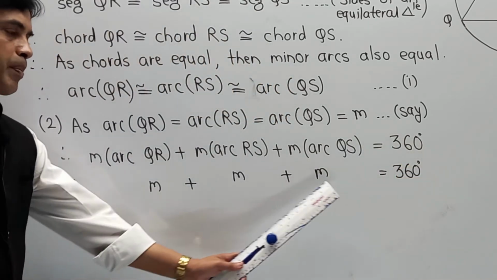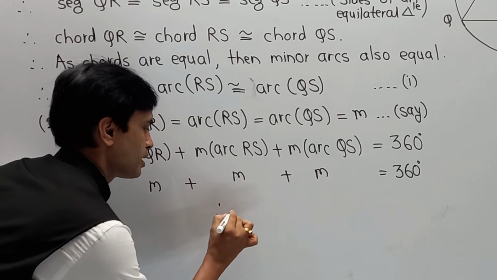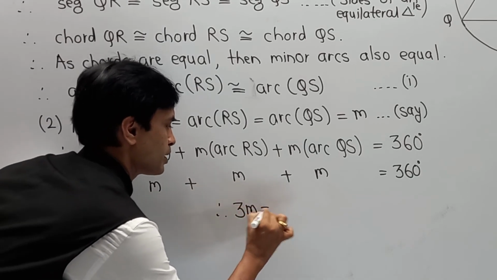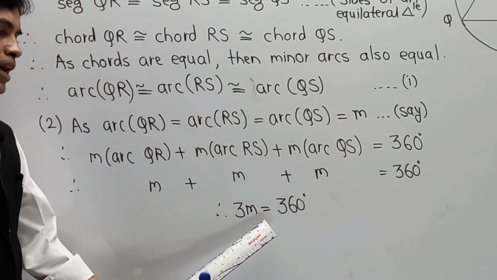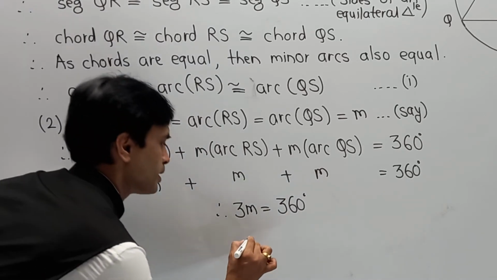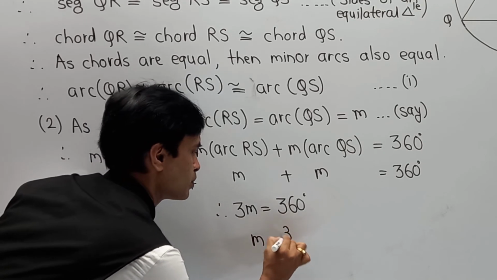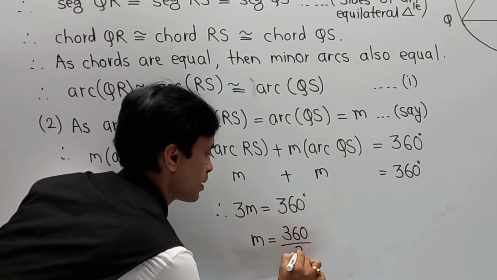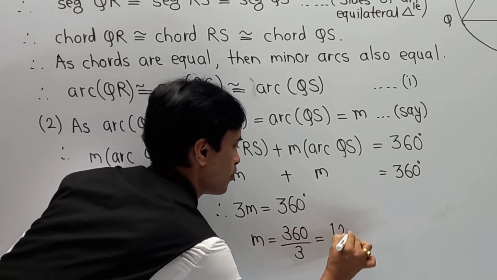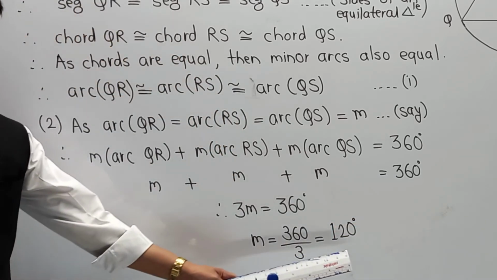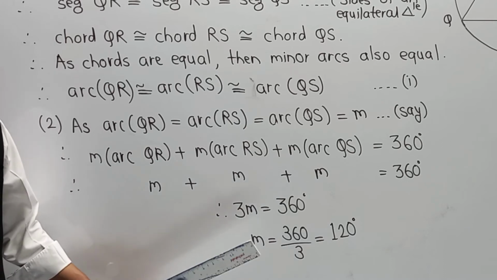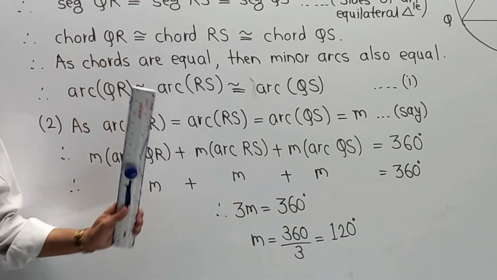Now M plus M plus M means 3M is equal to 360 degrees. Therefore M is equal to 360 divided by 3, and that becomes 120 degrees. Meaning every arc now becomes 120 degrees. Next part, we are going to rough it and solve it over there.